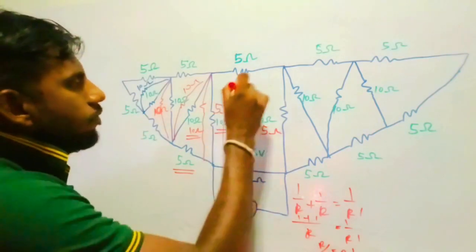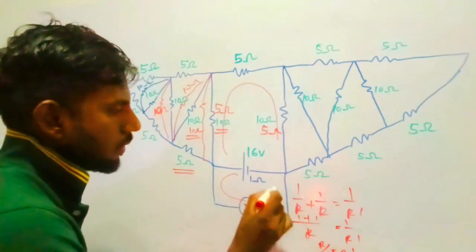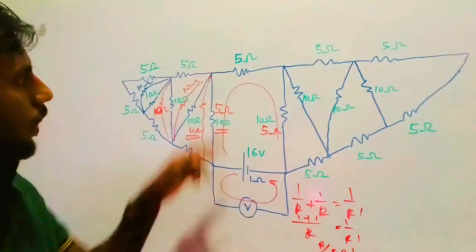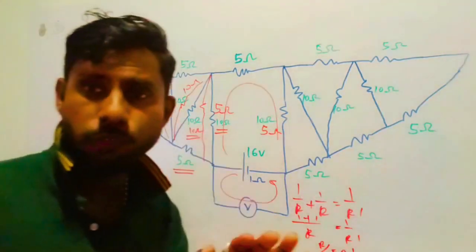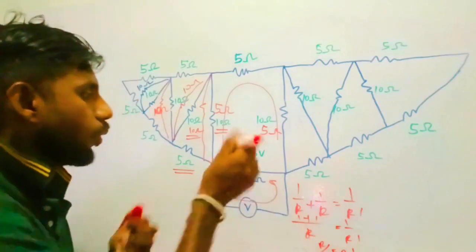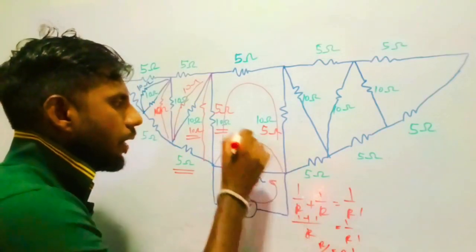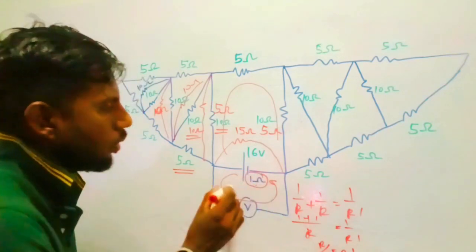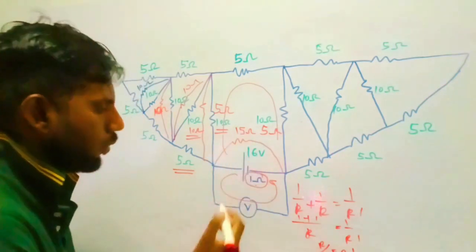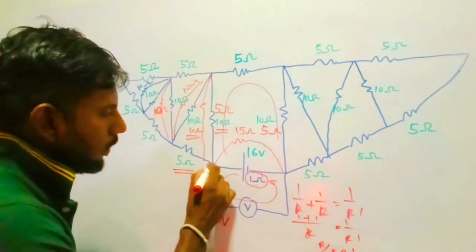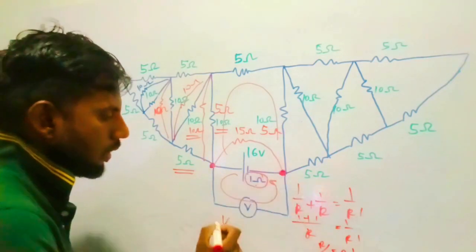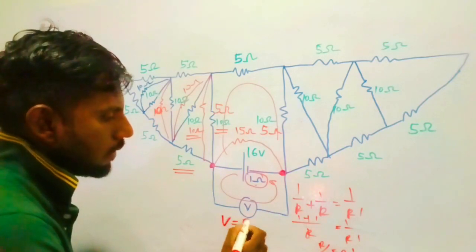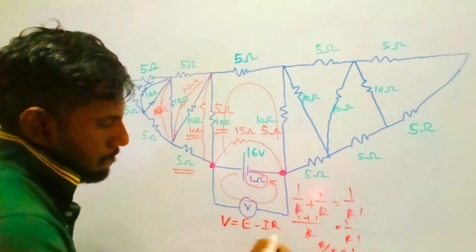So we have this, and we have this 5. These three are in series, so altogether we can add them: it's 15 ohms, and inside we have an internal resistance of 1 ohm. So the potential that goes outside is E minus Ir, right?